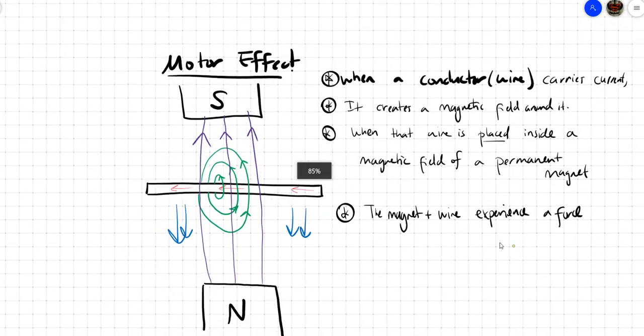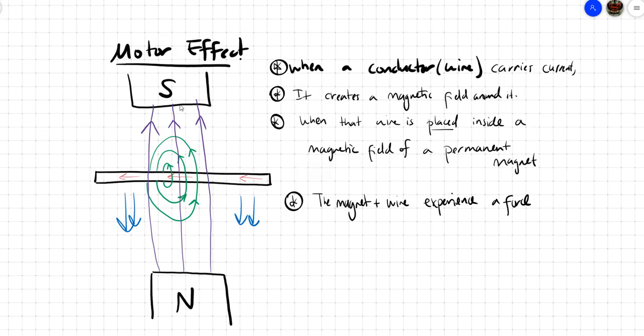Now, since the magnet is fixed, so the only thing that moves is the wire, so therefore the wire moves.